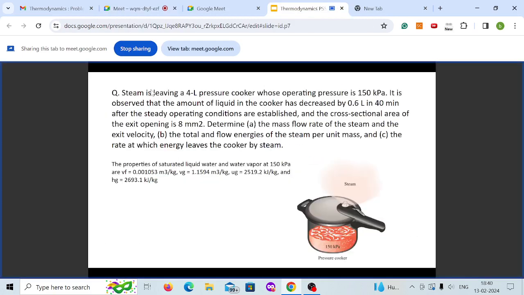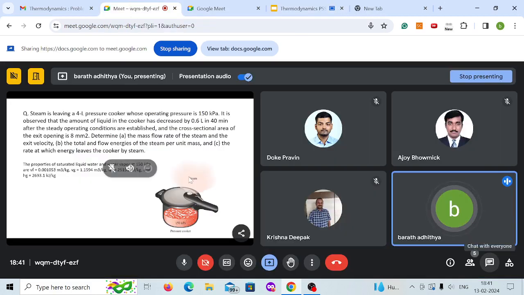Steam is leaving a 4 liter pressure cooker whose operating pressure is 150 kilopascal. It is observed that the amount of liquid in the cooker has decreased by 0.6 liter. So in the problem, they are measuring the liquid in the pressure cooker. Previously they said it was 4 liter. They observed that in 40 minutes the liquid volume has gone down by 0.6 liters.